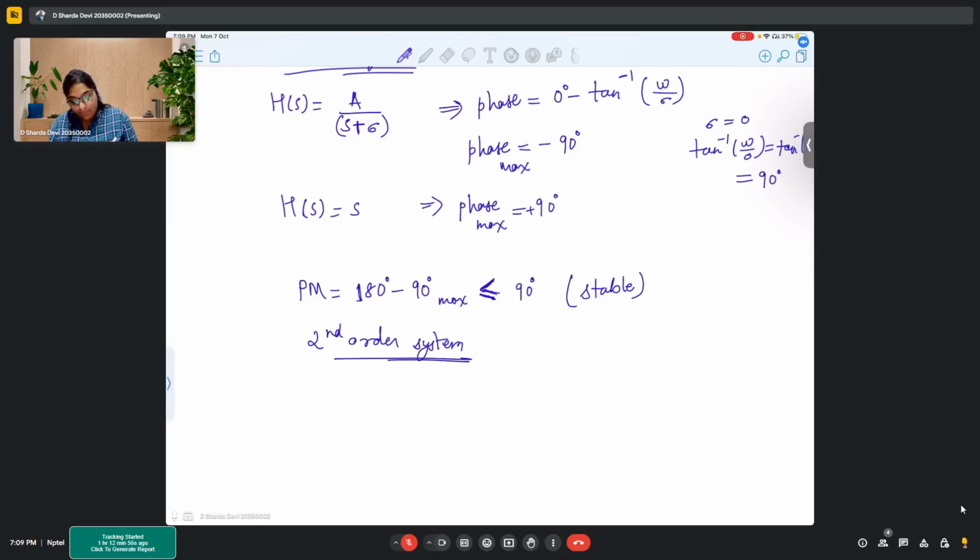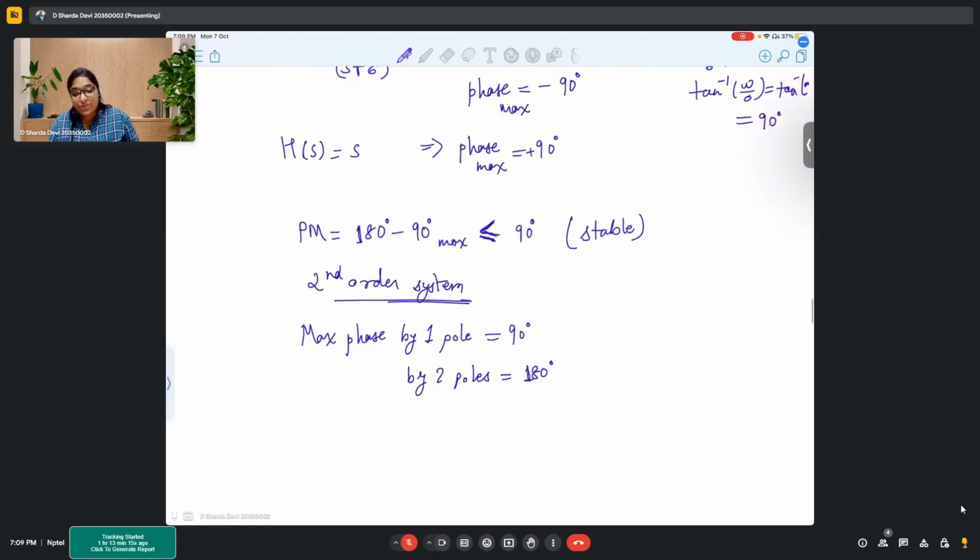If max phase by one pole is 90 degrees, then by two poles it would be 180 degrees, correct? So if we reach this maximum, then phase margin becomes 180 minus 180 degrees, that is 0.